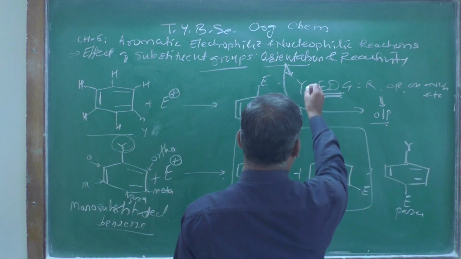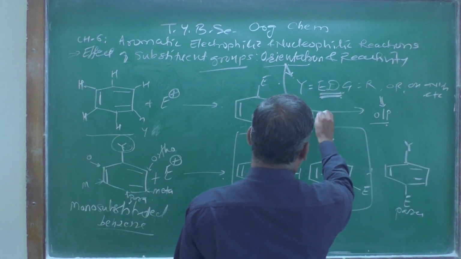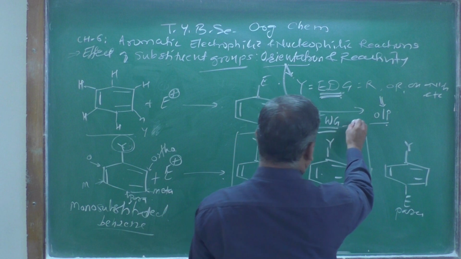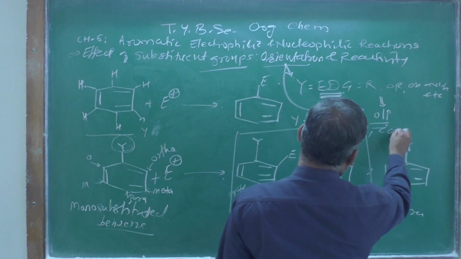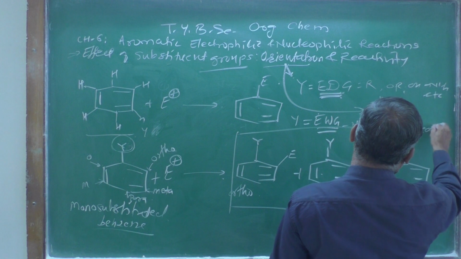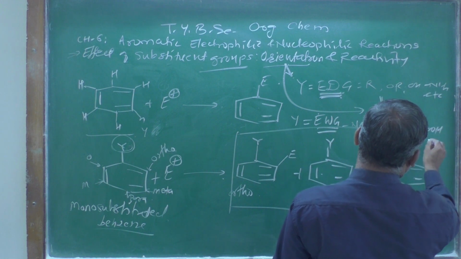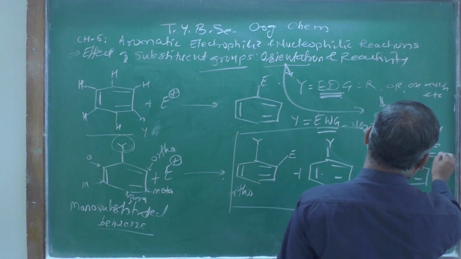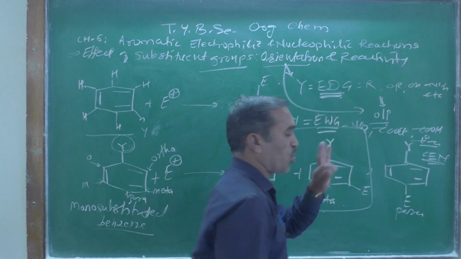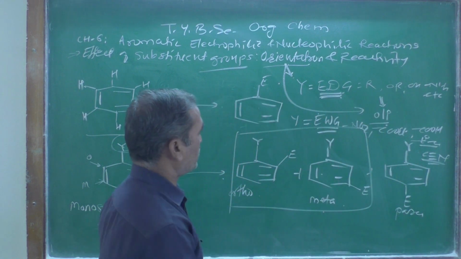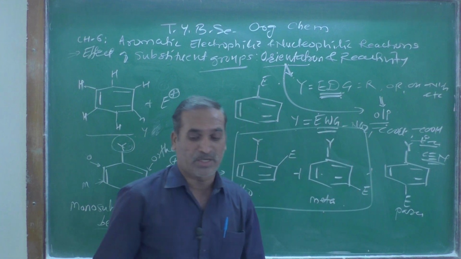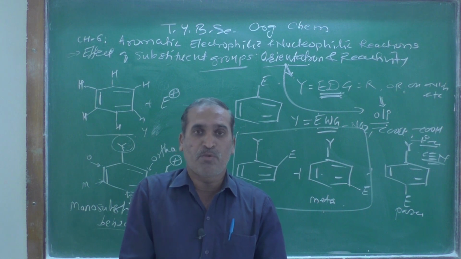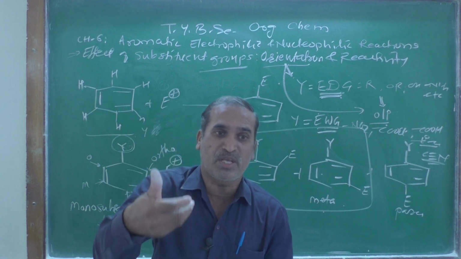And suppose Y is an electron withdrawing group, like a nitro group NO2, or COOEt ester, COOH carboxylic acid, or C double bond O H aldehyde group, or a cyanide group. These are the electron withdrawing groups. Electron withdrawing group means what? The atom or group of atoms removes electron density from the benzene ring.